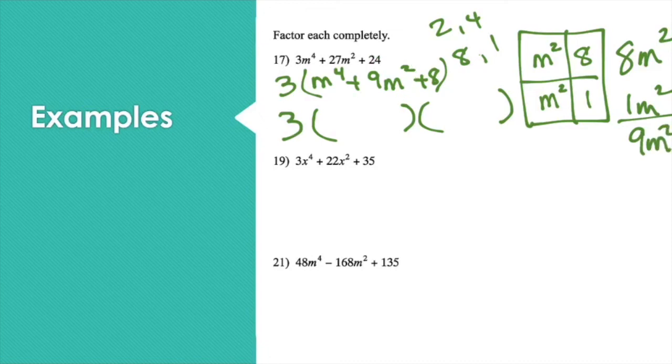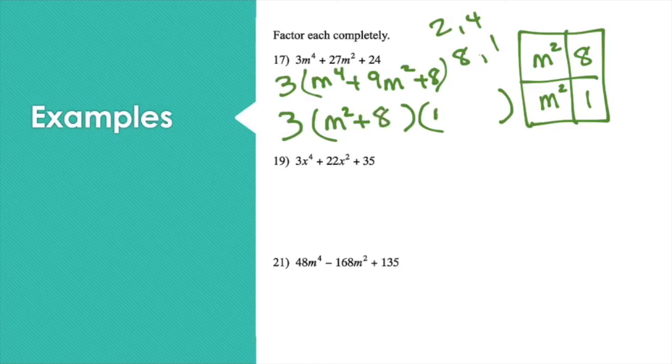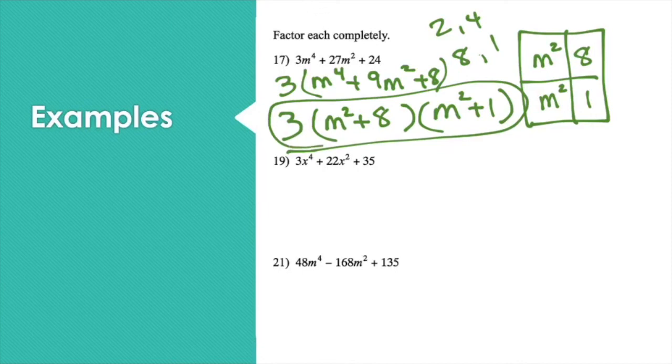And yes, I am. So my answer, if you remember, is the horizontals. So I have m squared plus 8 and m squared plus 1. I cannot factor that any further. I am finished. Let's move on to number 19.